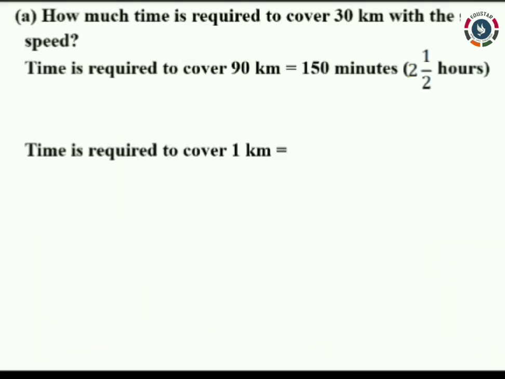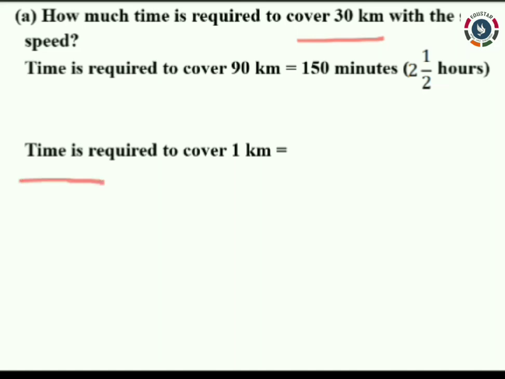Next, how much time is required to cover 30 km with the same speed? Already we have found that for covering 90 km, it will take 2.5 hours or 150 minutes, right? Now you have to find the time for 30 km. So first you have to find the time required to cover 1 km.